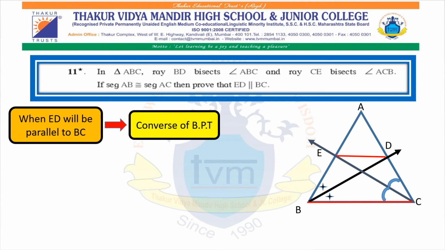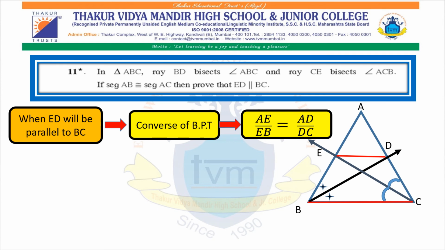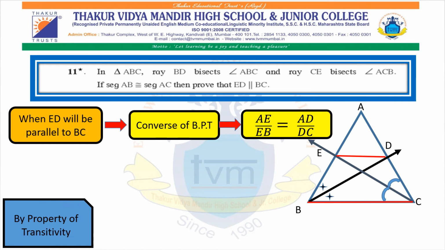For that we need to prove AE upon EB equals AD upon DC. Let us find out how we'll prove these two ratios equal. We'll be using the property of transitivity. That means we'll prove AE upon EB equals some ratio.